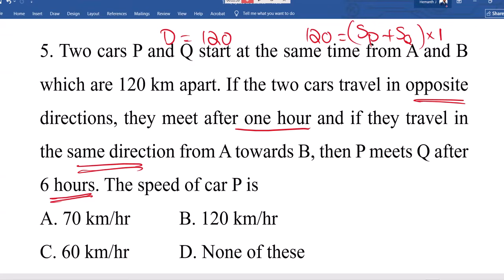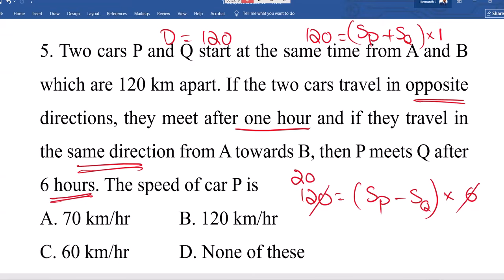Whereas in the second case the distance is 120, and the speed can be SP minus SQ or SQ minus SP. They have to mention which is more and which is less. If not, we'll go as per the order, SP minus SQ into 6 hours. This is 20.